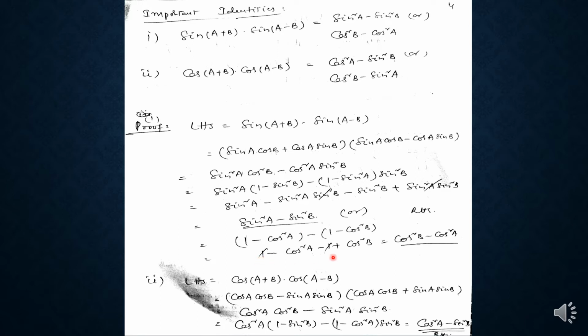Here plus 1 minus 1 get cancelled. Then we get −cos²A + cos²B, which can be written as cos²B − cos²A. So this is the formula: sin(A+B) sin(A−B) can be written as sin²A − sin²B, or cos²B − cos²A.